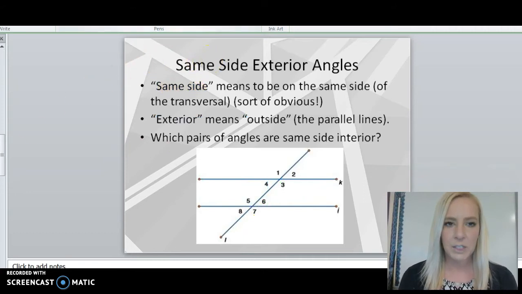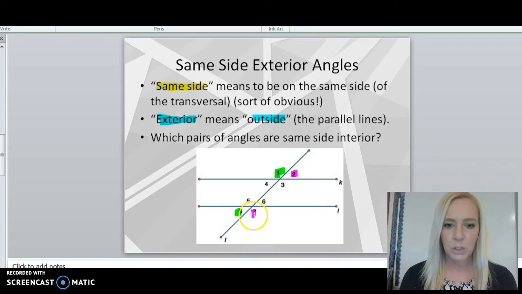Same side exterior. Same side, again, means to be on the same side of the transversal. And again, exterior means outside the parallel lines. So our same side exterior would be 1 and 8 because they're on the same side of the transversal on the outside of the parallel lines.